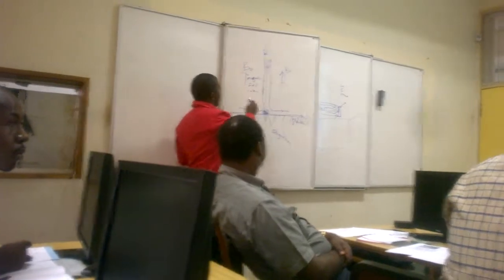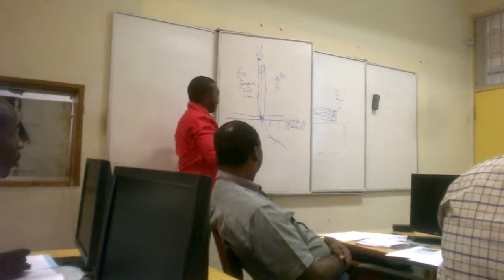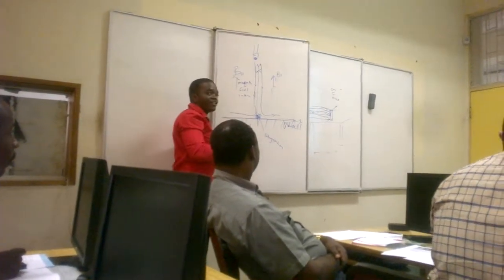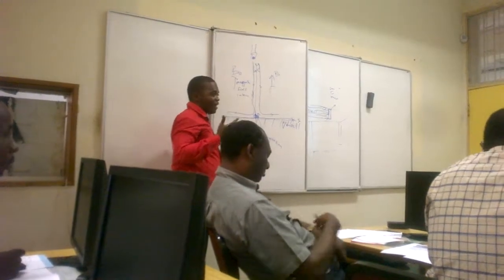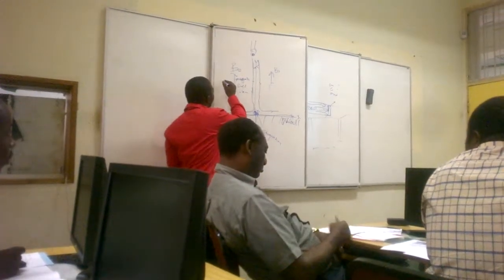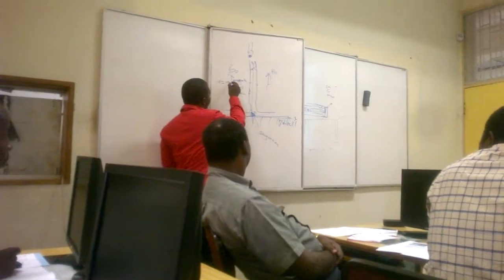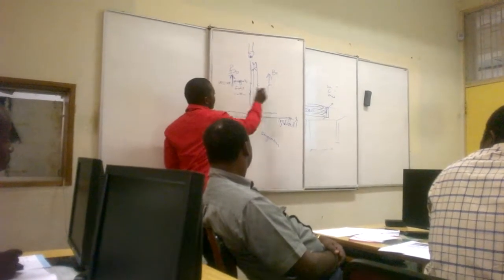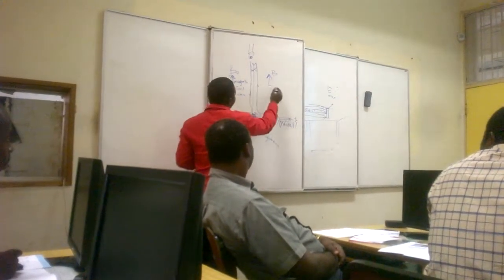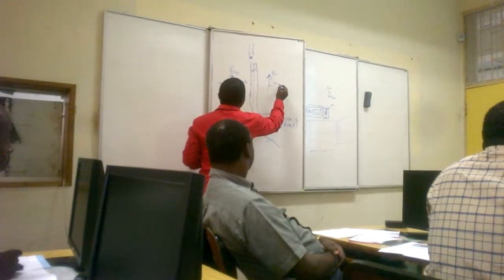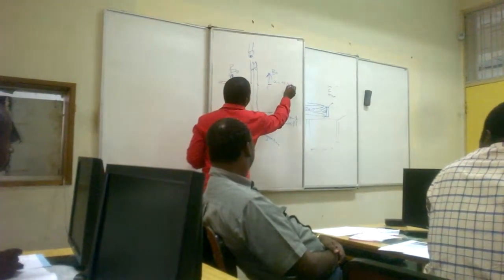This form of magnetic field you can't see by eyes, but we call it linear. This magnetic field is linear, like a loop.